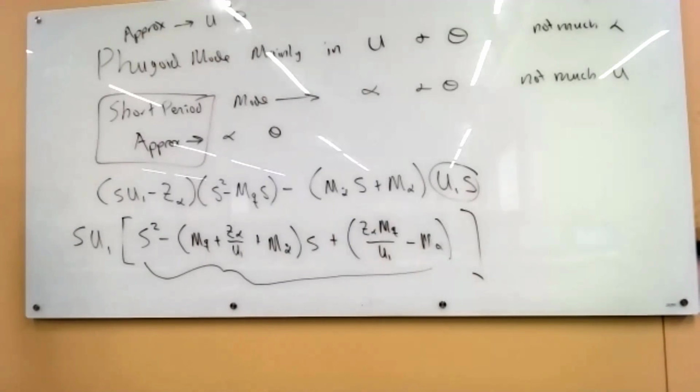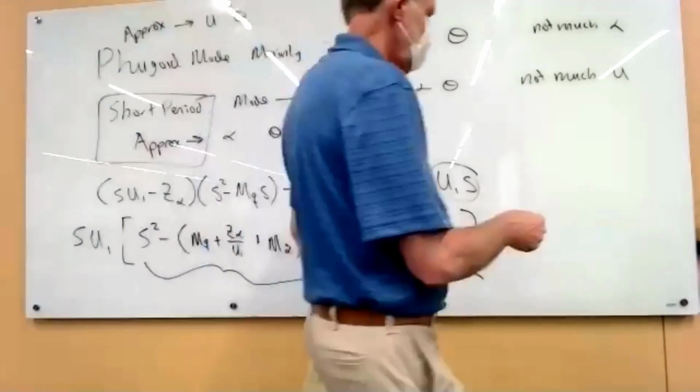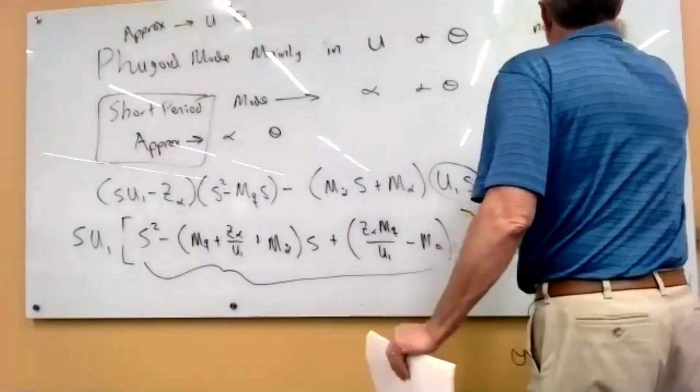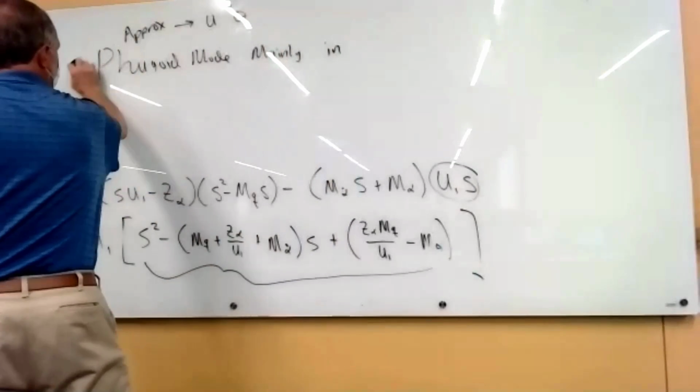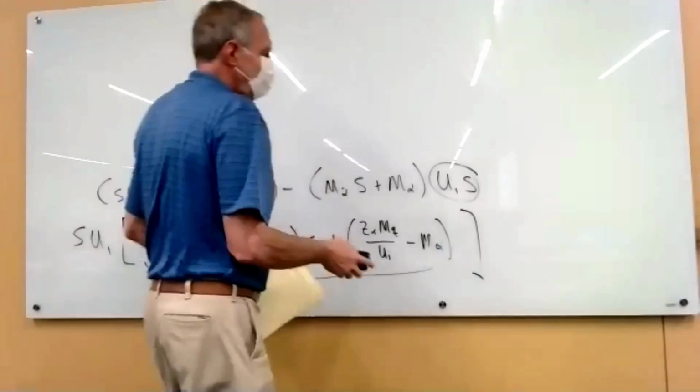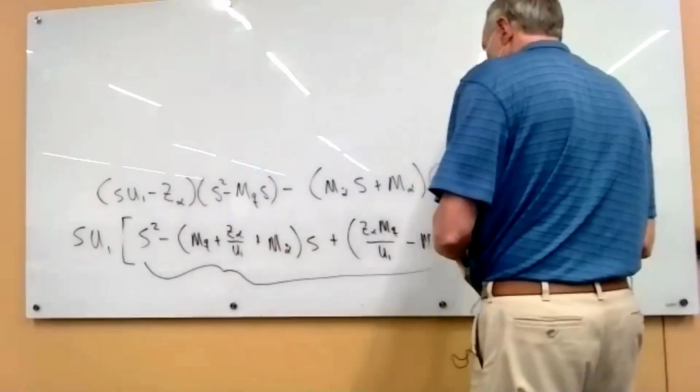Notice I put it in S squared, S, and then the constant term because that's how we're going to identify the natural frequency and the damping ratio. And you can see how this is a lot easier than calculating A1, B1, C1, D1, and E1, right? And then getting that fourth order polynomial and then finding the roots of that. Then we look at this and we compare it to standard second order form.